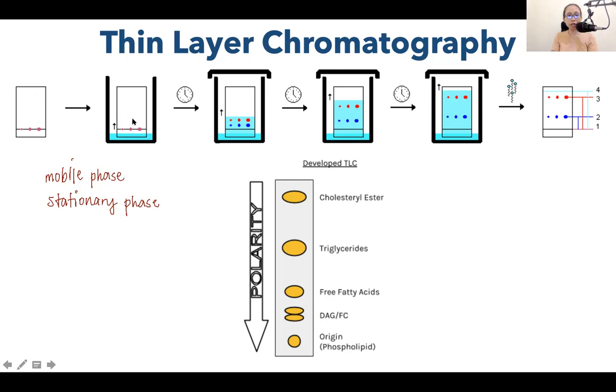When we say developed, the chamber is already full of vapors of the solvent. So you just place it inside, and by capillary action, your mobile phase, the solvent, will rise up your silica plate. Now, the process of separation depends on polarity. In basic thin layer chromatography, your stationary phase is polar, so silica is polar, and your mobile phase is the non-polar phase.